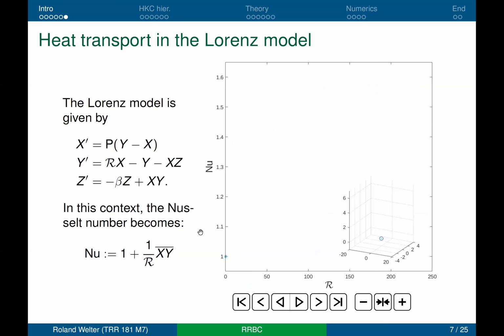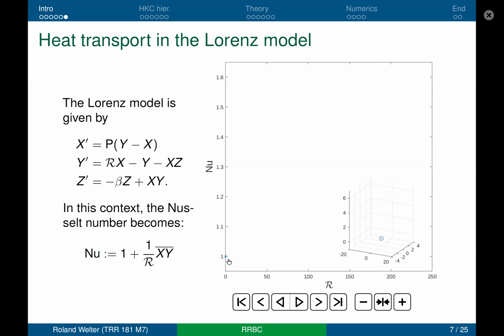So then let's look at how the heat transport works in this very simple Lorenz model. The reduced version of the Nusselt number becomes this time average.